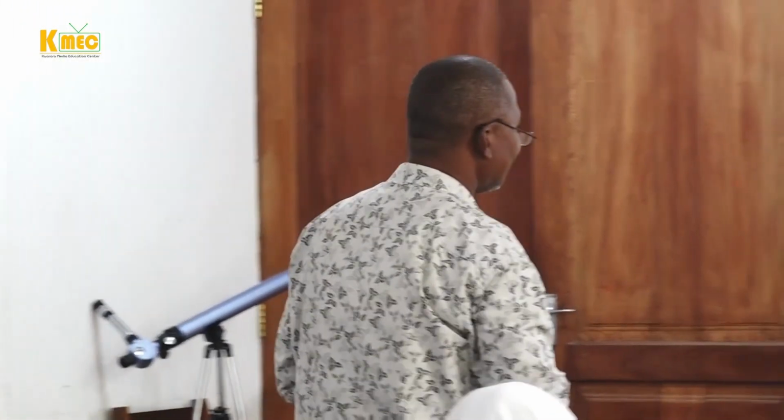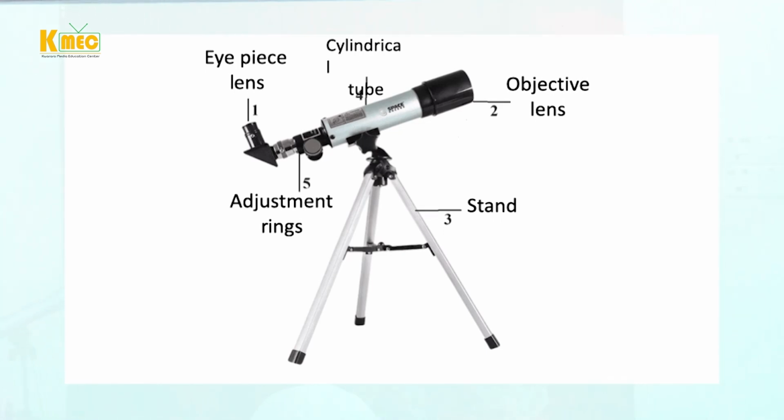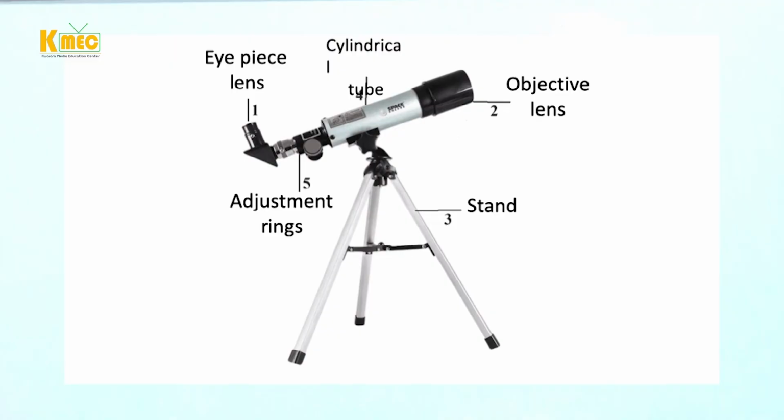That optical instrument is called an astronomical telescope. Now all of you say astronomical telescope. An astronomical telescope is first of all an optical instrument because it uses light to perform its application.